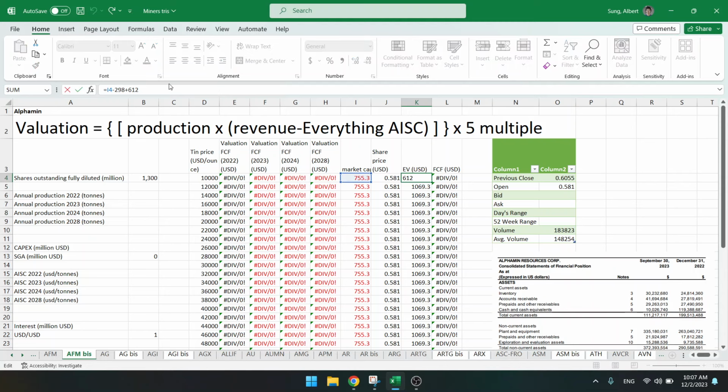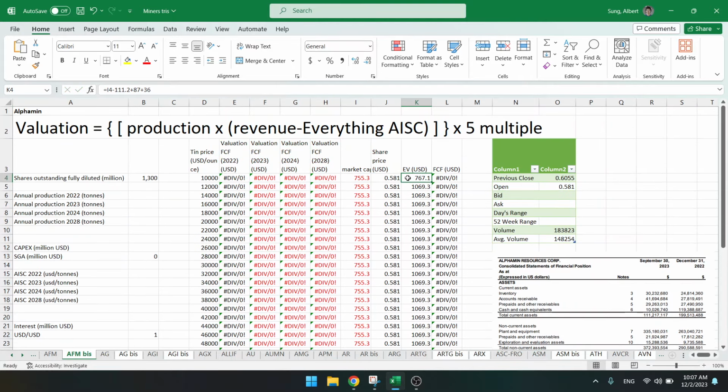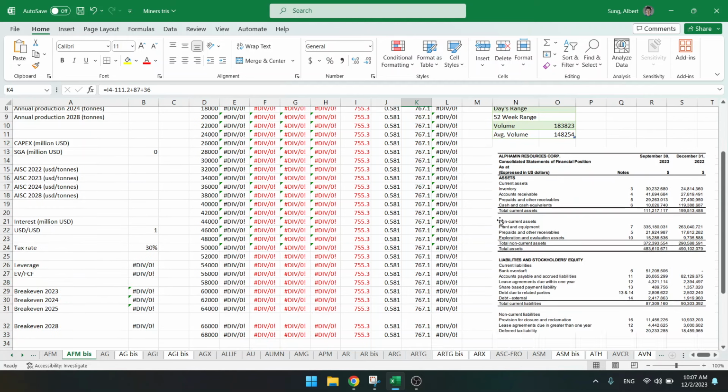Enterprise value is market cap minus current assets plus total liabilities. Current 87 and non-current 36. So we have quite a good balance sheet. A lot of current assets and not a lot of liabilities. So I like the balance sheet.